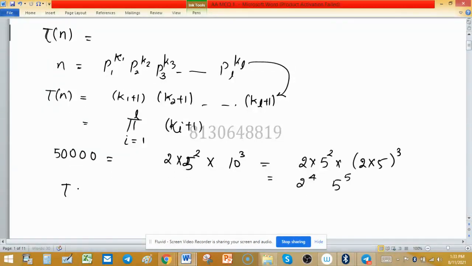Also, tau has a property: tau n can be written as tau n1 times tau n2 if n is n1 into n2, where the factors are coprime.